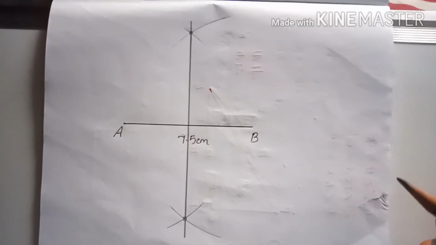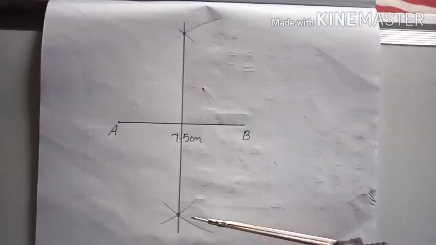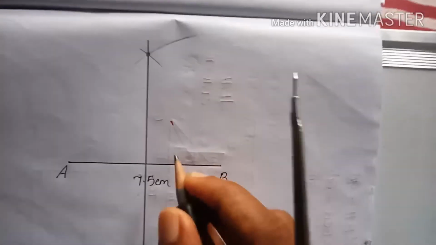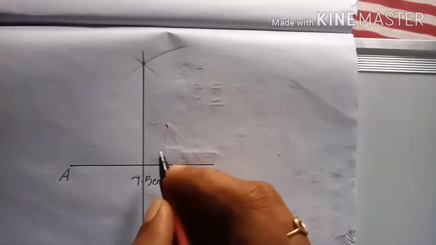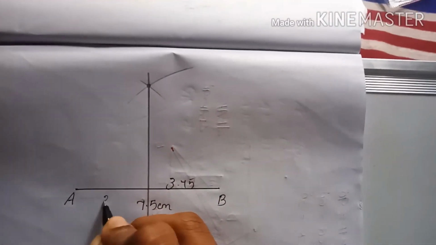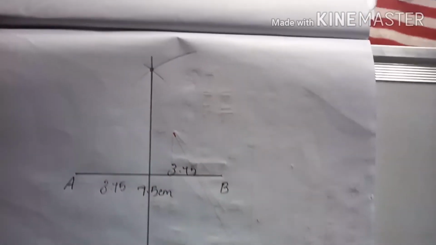Like this. Now this bisector divides AB into 2 equal halves, which means 7.5's half is 3.75. That means in these two portions, one portion will be 3.75, the next will also be 3.75.